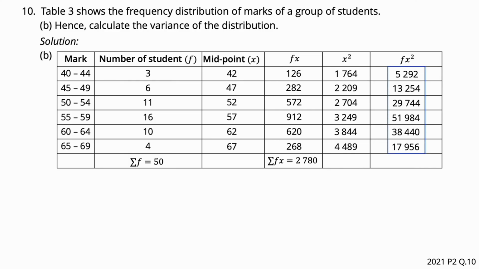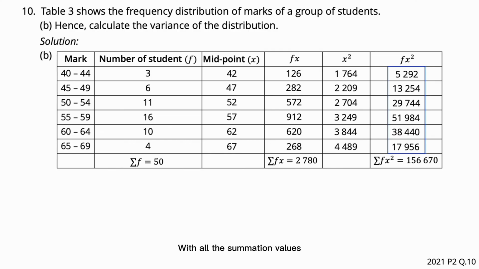Find the sum of fx squared. 5,292 plus 13,254 plus 29,744 plus 51,984 plus 38,440 plus 17,956 equals 156,670.